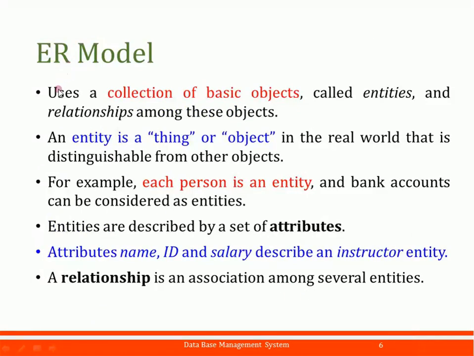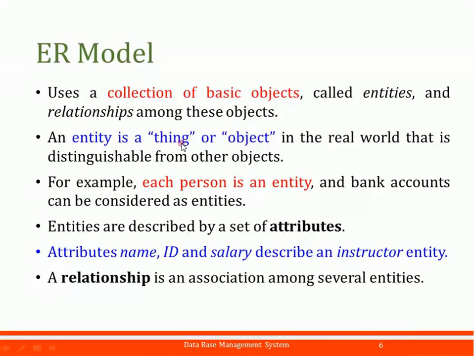Going deeper, this ER model uses a collection of basic objects called entities and the relationships among these entities. The real world objects are called entities, and the relationships between these objects are modeled in this entity relationship model.